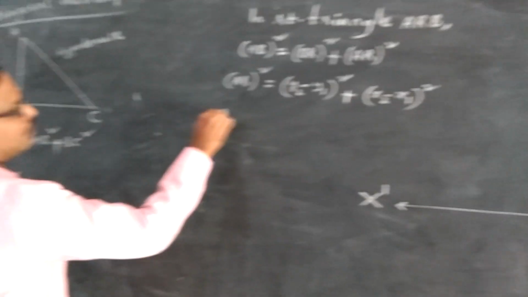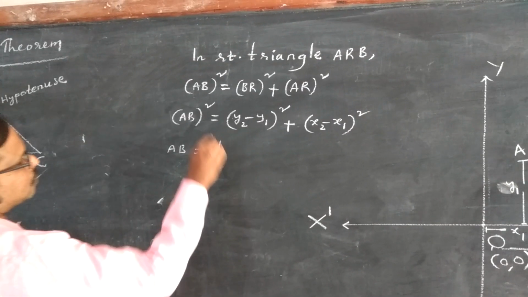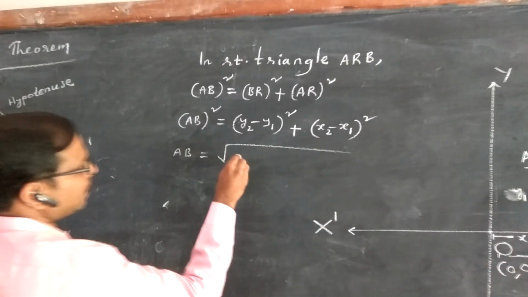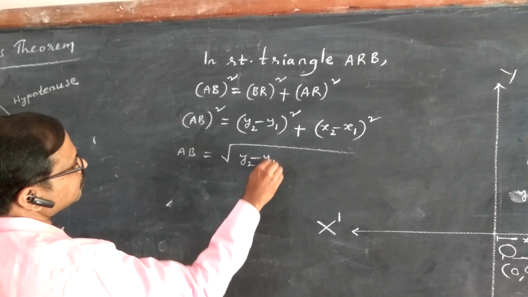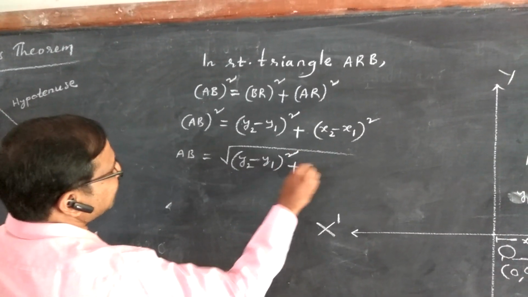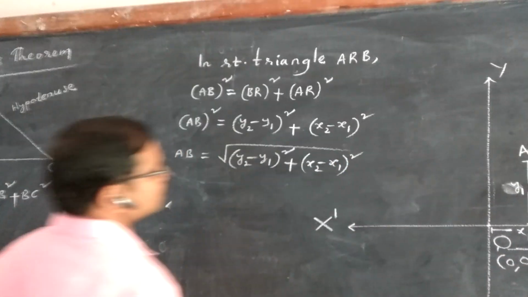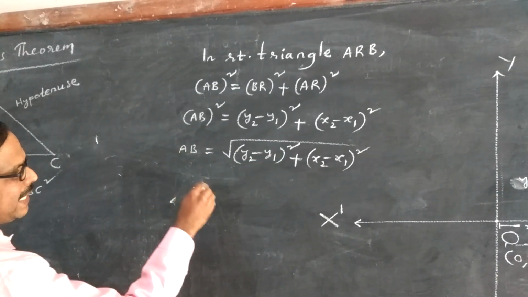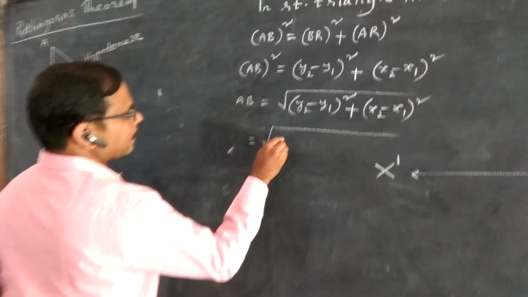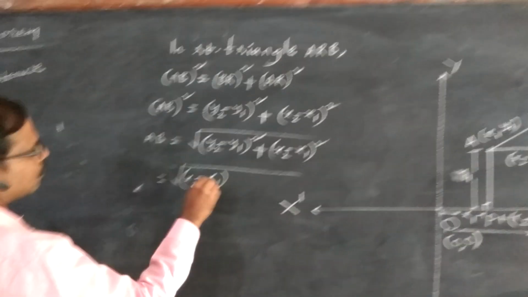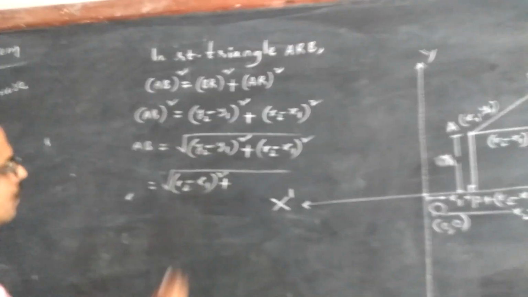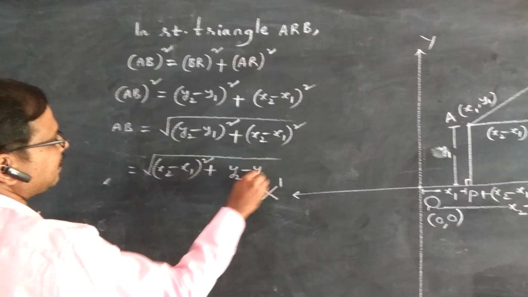Now I want to find only AB, so take the square root. We write x coordinates first: x2 minus x1 whole square plus y2 minus y1 whole square.